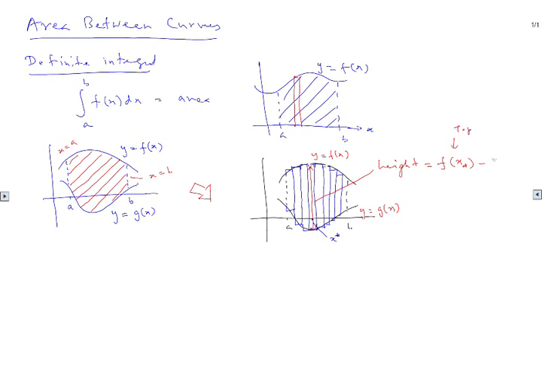Always do it this way because then you get a positive area, or 0 if they are equal. It's always the top minus the bottom.